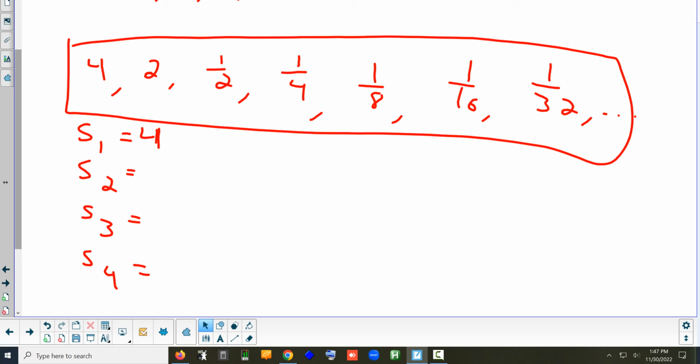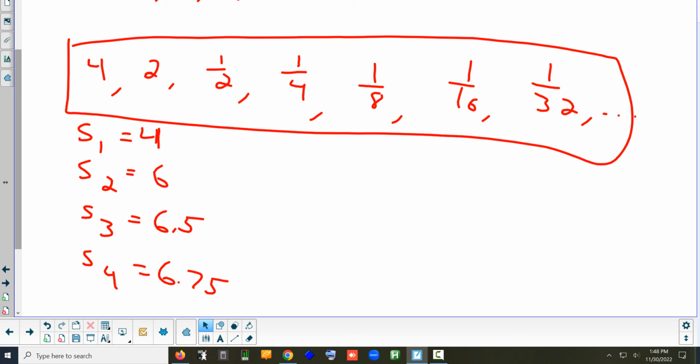What if you add up the first 2 numbers? 6. The first 3? 6.5. And how about the first 4? 6 3/4. If you were to add up every number forever, this would add up to 8. And you can probably see the sum is starting to get closer and closer to that number.